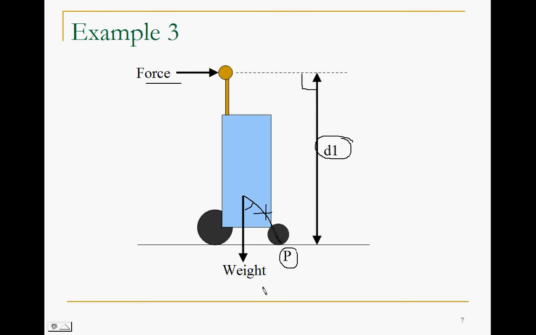The correct perpendicular distance is from here to this point, from this line of action to here. So, to illustrate my point, the correct perpendicular distance due to the weight to the pivot P is this distance d2.